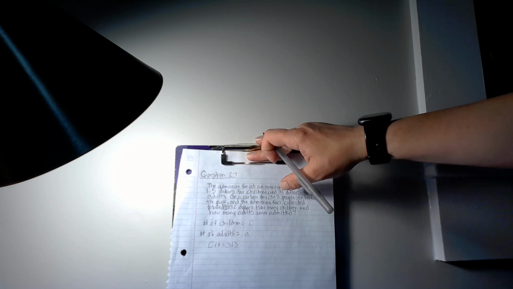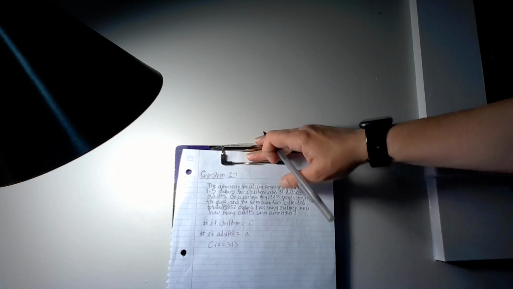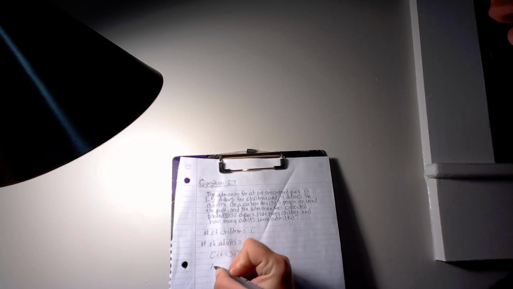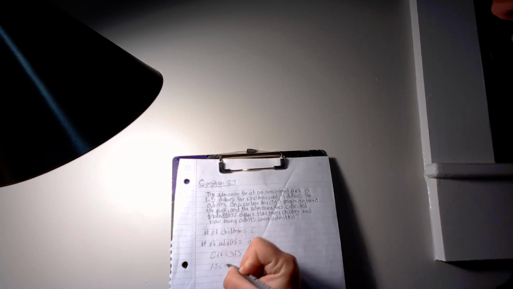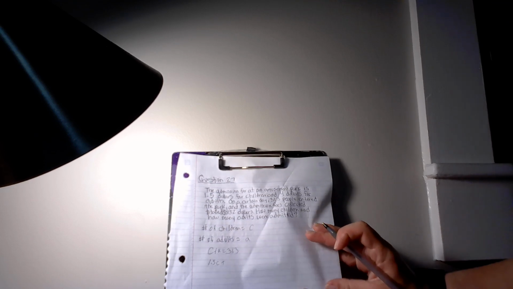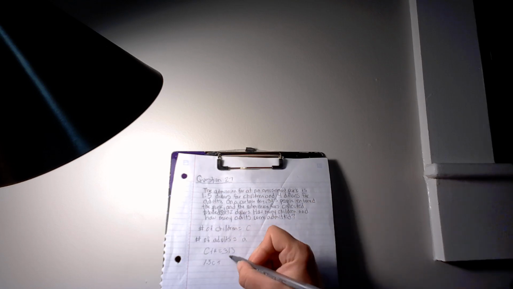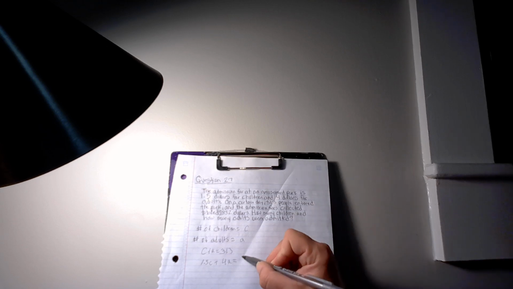From there, we would have to figure out the money. So we would do 1.5C plus 4A, which would equal 832.